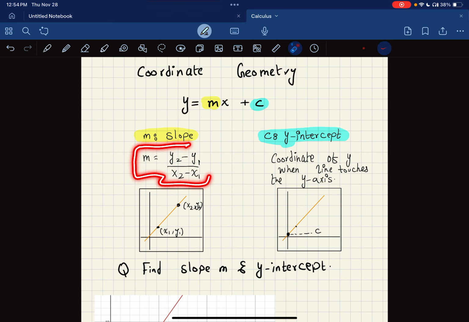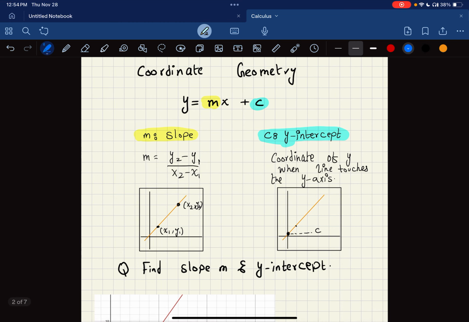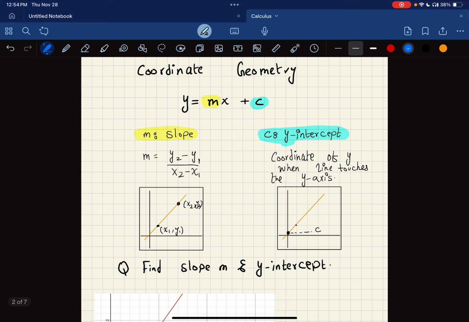There is a formula for the slope also, which is (y2 - y1) upon (x2 - x1), right? If you pick any 2 points, I'm representing those points as x2, y2 and x1, y1. What you are doing by taking y2 minus y1 is asking what is the difference between the y coordinates of those 2 points, which also represents our rise, correct?